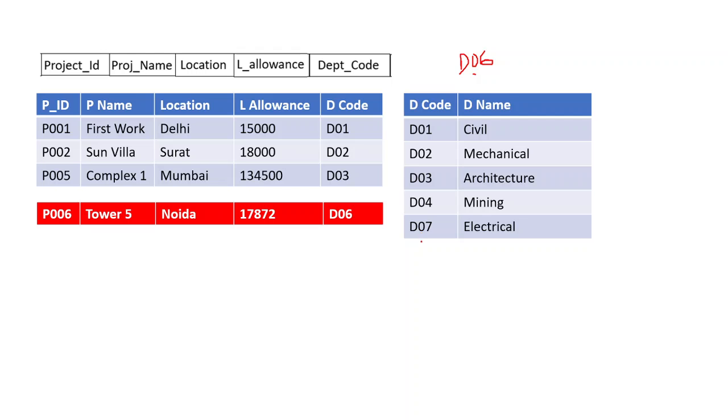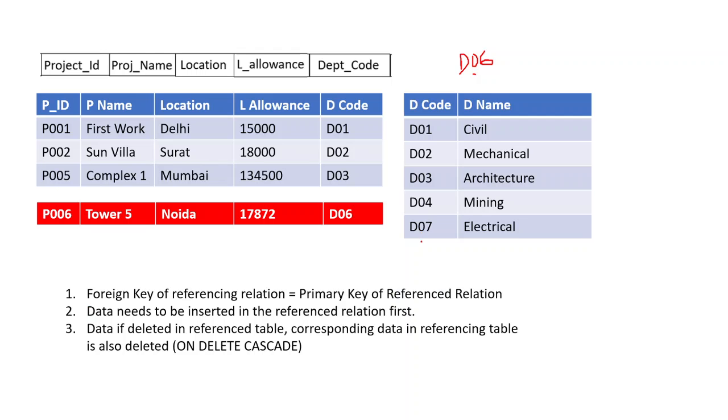So there are some important features of foreign key which have to be considered. Number one, which I said before, the foreign key of the referencing relation is the primary key of the referenced relation. Now, data needs to be inserted in the referenced relation first.